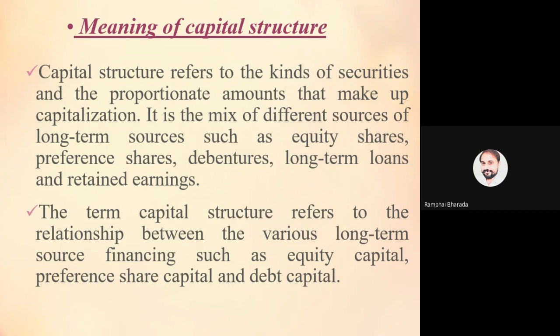The term capital structure refers to the relationship between various long-term sources of financing such as equity, preference, debt, and internal sources. Are we clear? Concept is clear, picture is clear. Capital structure means a mixture of equity, debt, and internal sources, including preferences.